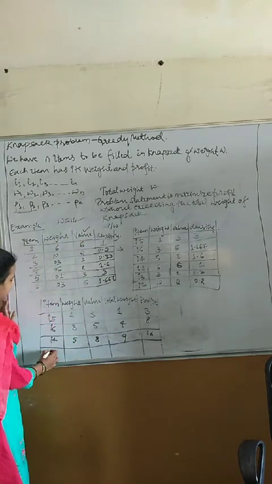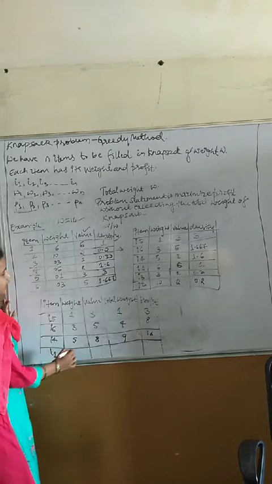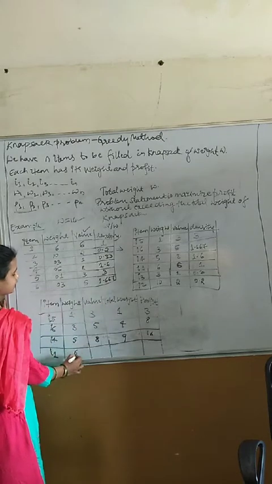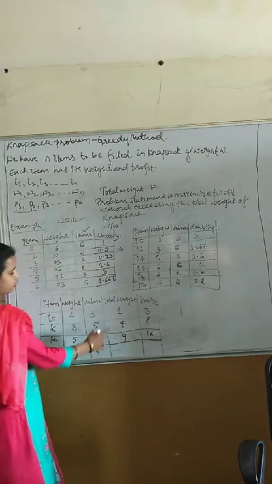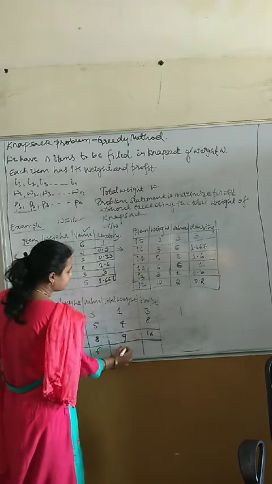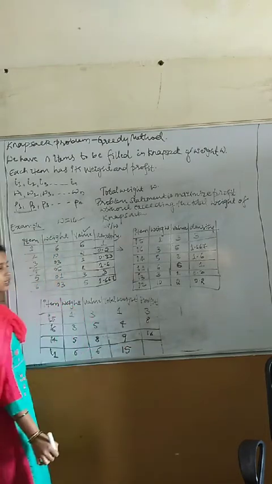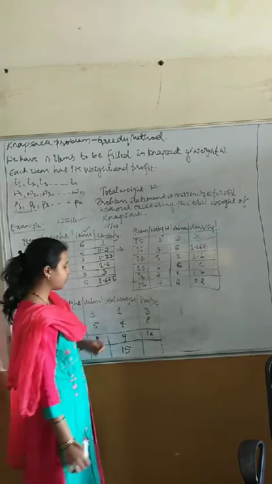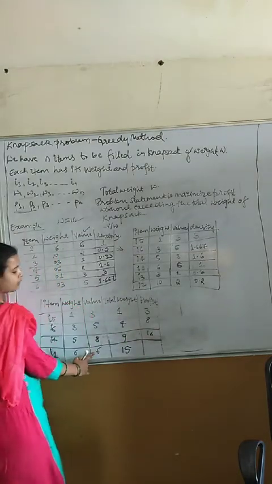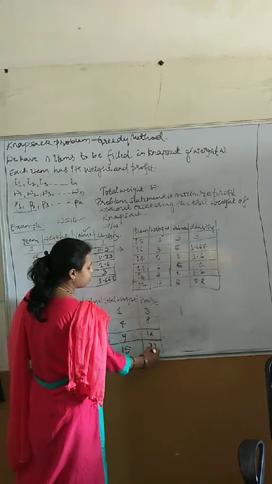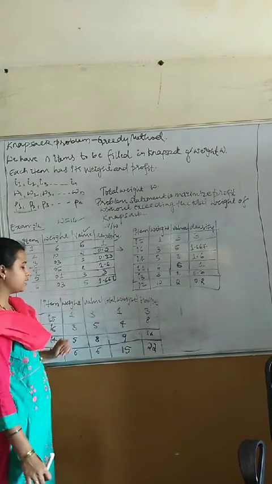The next item is I1. Its weight is 6. Its value is also 6. What is the total weight? 9 plus 6, it is 15. Then what is the profit earned? Profit now is 16. 16 plus 6 is how much? It is 22. This much is the profit.